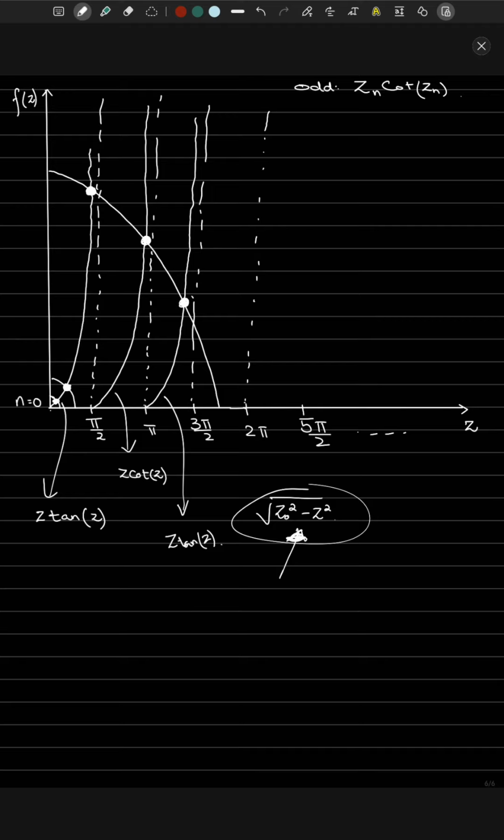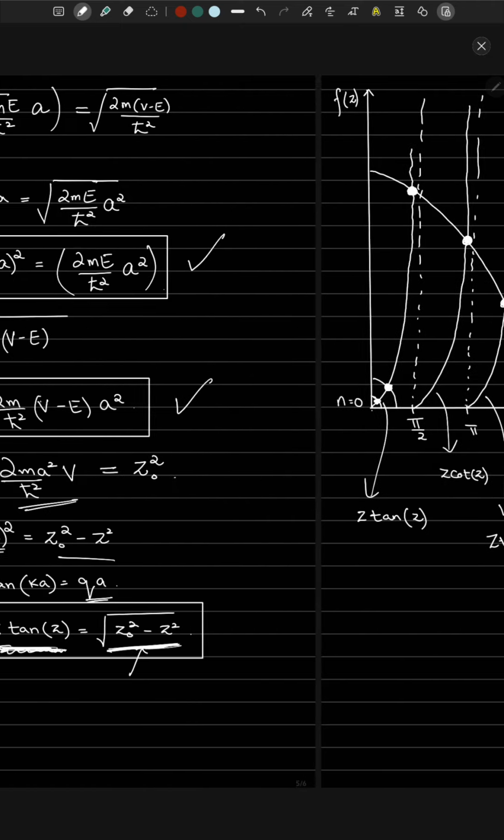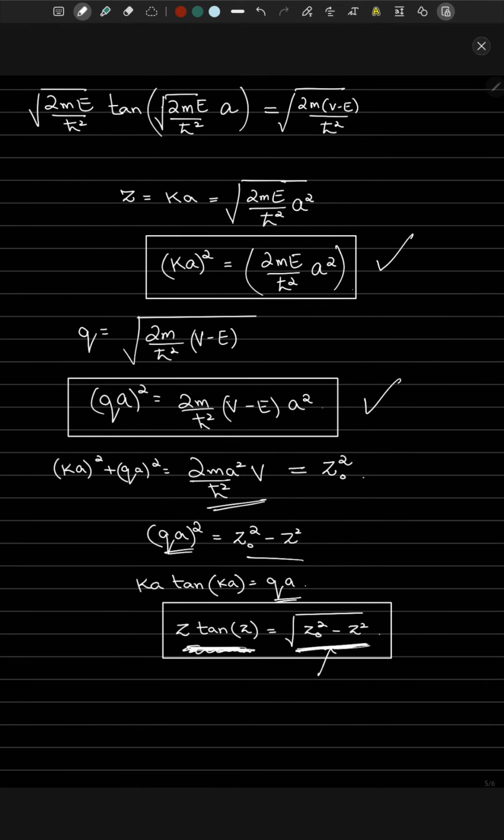And the bigger this circle becomes, the more energy states you would get. So that means the number of solutions to the equation in a finite square well depends on the size of z naught. And if you look back at this equation, you know that z naught carries this potential V naught. So as the potential V naught becomes higher and higher, you would get more energy states.